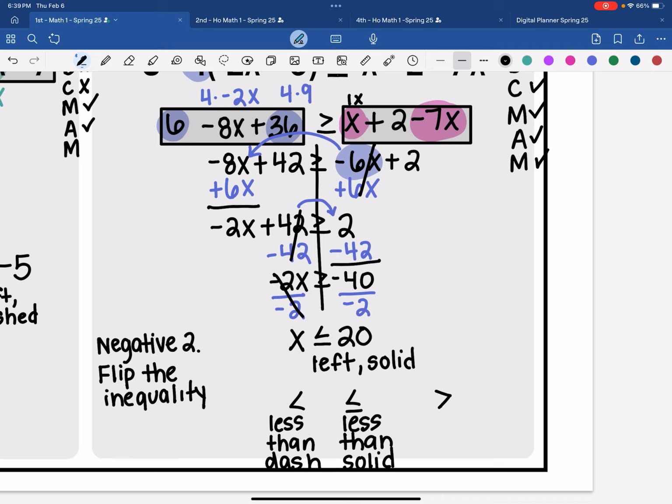Just like if you do greater than or equal to. So with greater than, that's going to just be a dashed line because there's no line to say it's equal to. And then for this greater than or equal to, it does have the line, so that's going to be solid. So just some things to remember, especially when you're checking your stuff in Desmos.